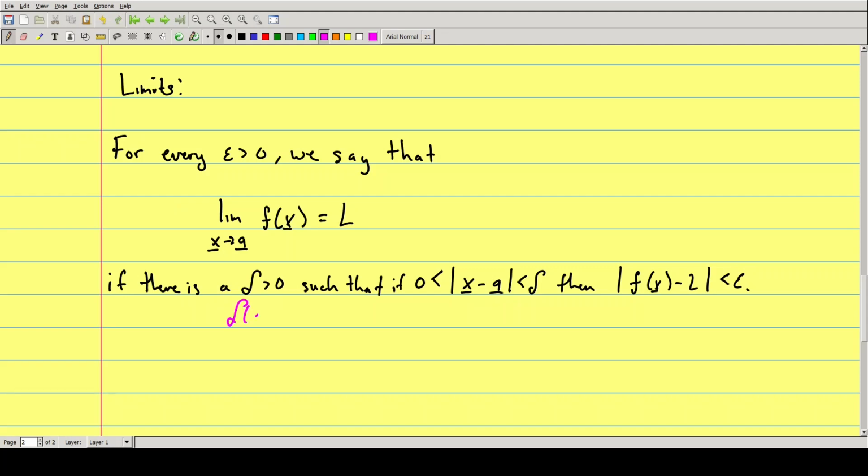So delta in general is a function of epsilon, such that if x is close enough to the point where I'm trying to evaluate the limit, less than delta, then that forces the distance between the value of the function and the limit to be less than epsilon.